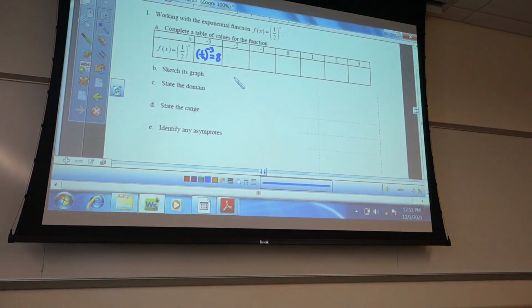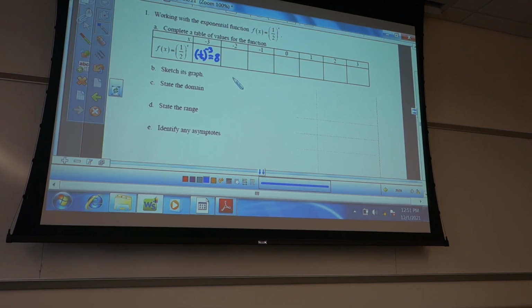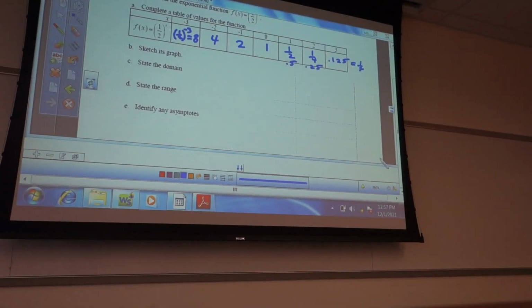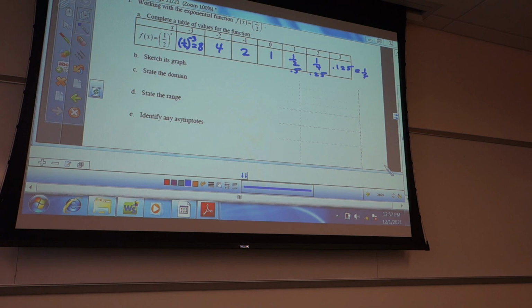Okay. So is everyone solving the rest of these? So do them all. If you look at it, you'll say, oh, look, all my y's are positive. So this could be my y-axis here, my axes like that. When x is negative 3, it's at 8.